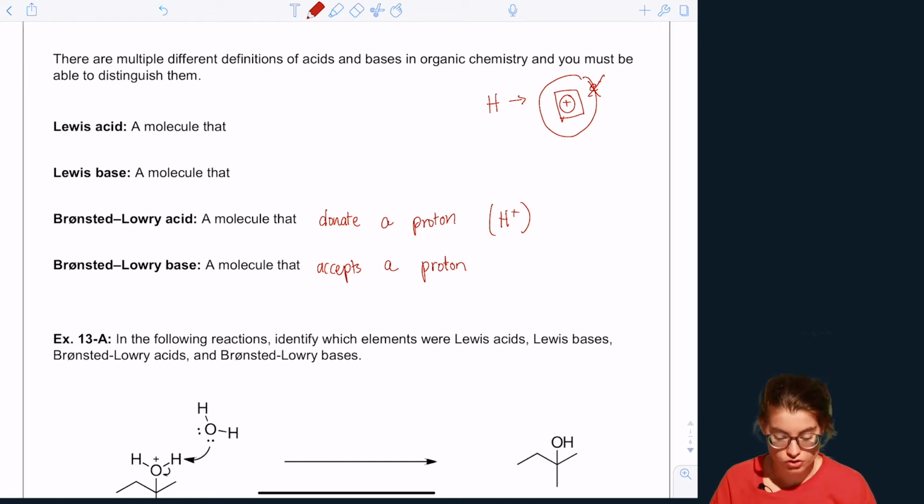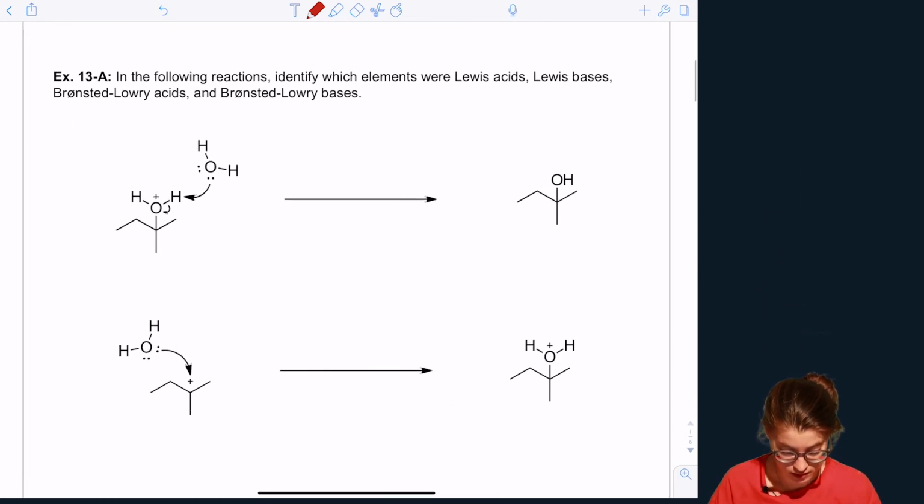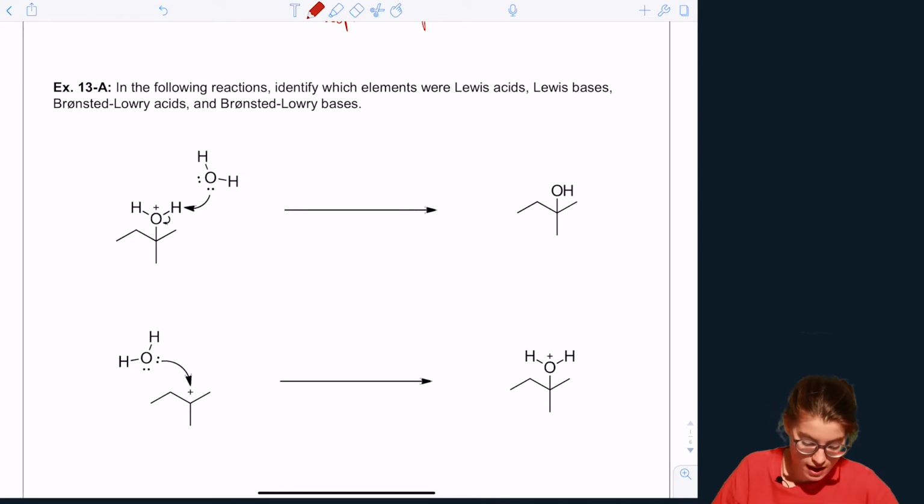Okay, so let's look at an example of that real quick. Here we have water, and water is using its electrons, one of its lone pairs, to grab a proton here, okay, and form a bond.